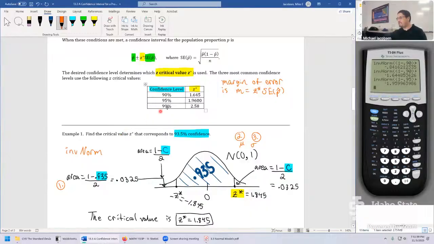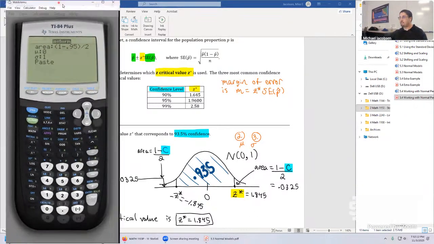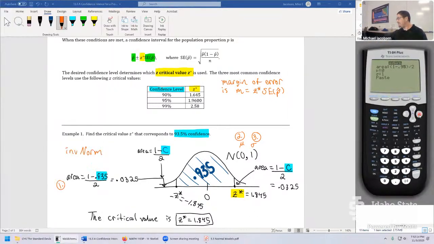Let's see if we can push that. Let's go for 99.9% confidence, see what happens to z star. Hit second, vars, back down to inverse norm. Now let's suppose you want to be 99% confident. You would get that number, but what if you wanted to be 99.9% confident?